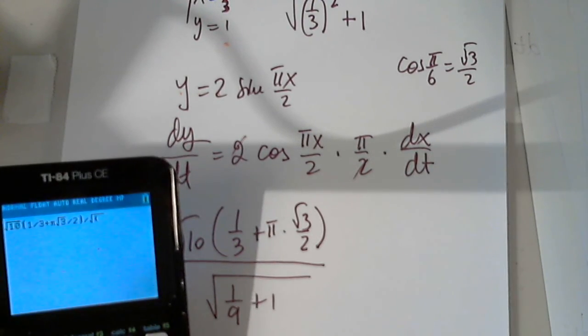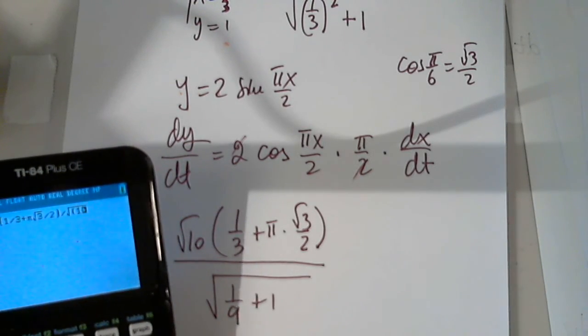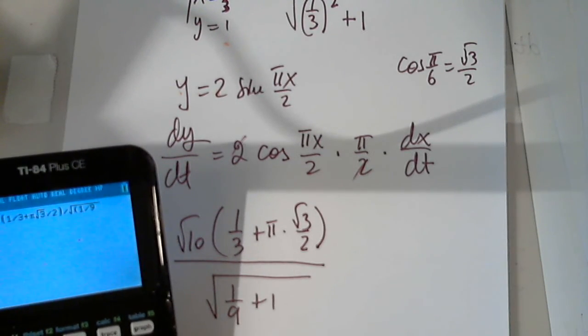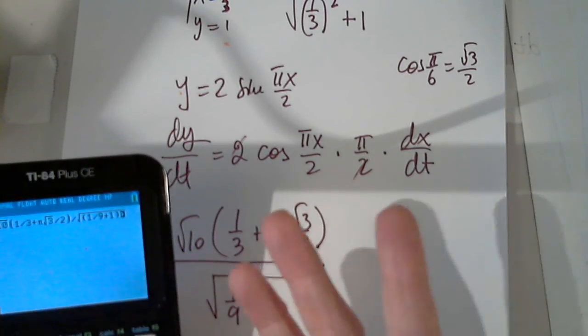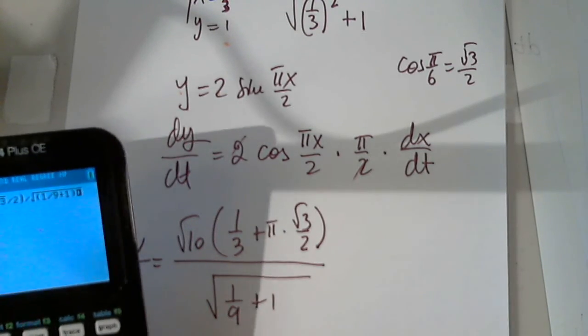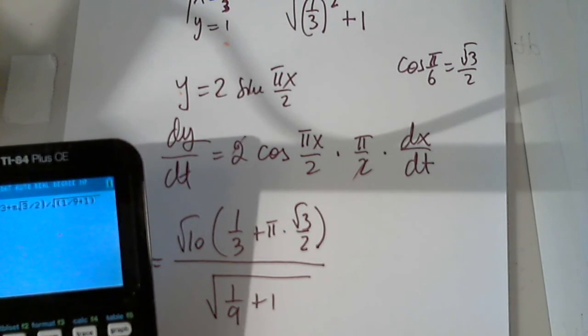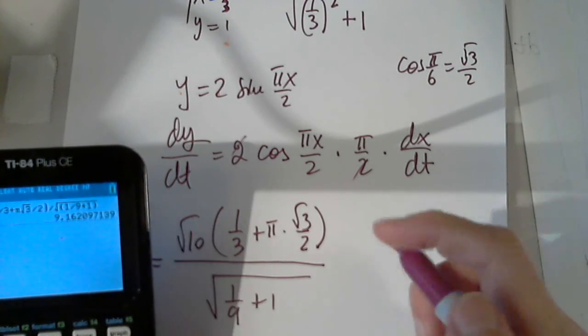And I will put in parentheses depending on your calculator. This one doesn't need a parenthesis, but I got used to them, so I just can't disregard that. And plus 1, and close the parenthesis. And many of you still have the older version, so I have to show that anyway. So I got 9.1621.